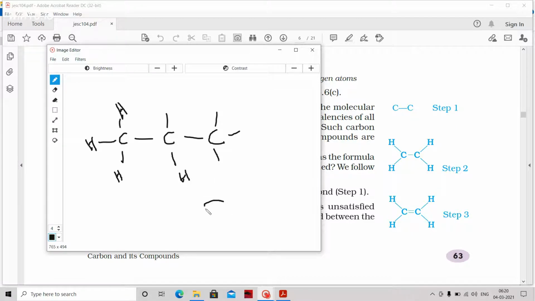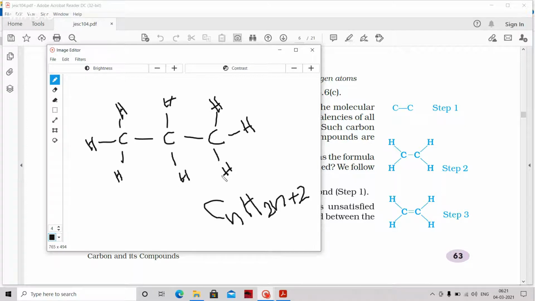You see here for n carbons you will have 2n plus 2 hydrogens. 2 multiplied by n plus 2. So 2n plus 2. For example, if you take C3, 3 carbons, hydrogens are 2 times 3 is 6 plus 2, 8 hydrogens are there. So those are called saturated hydrocarbons and those are generally called alkanes.